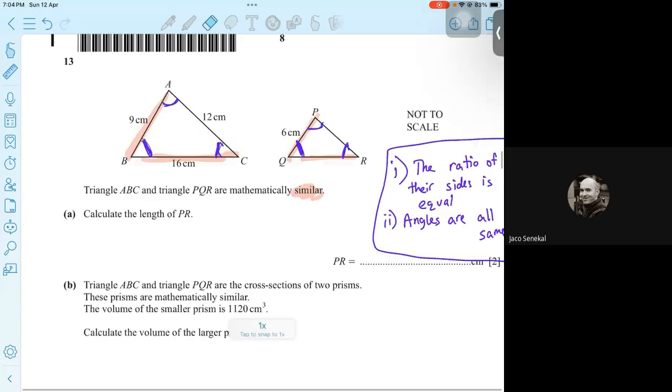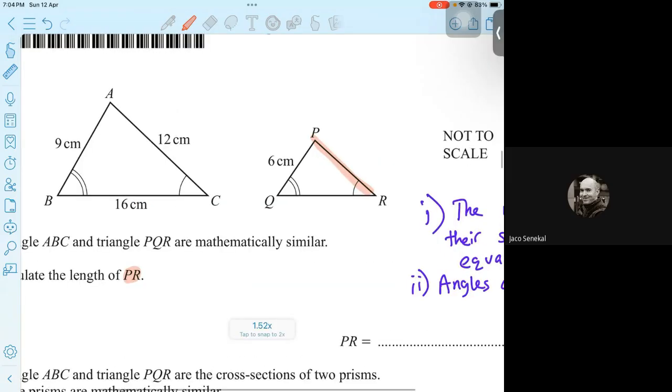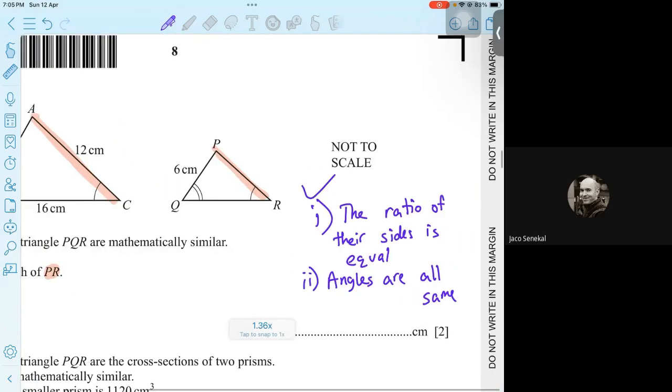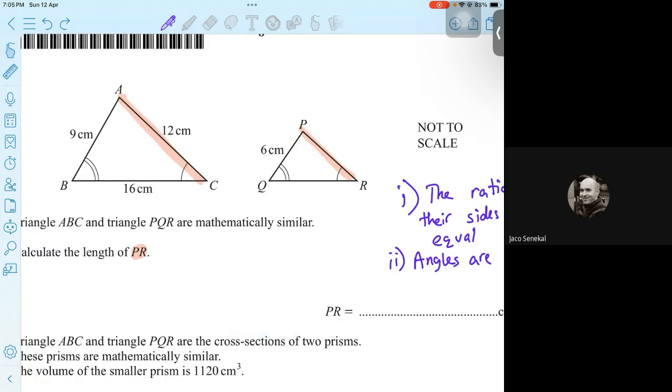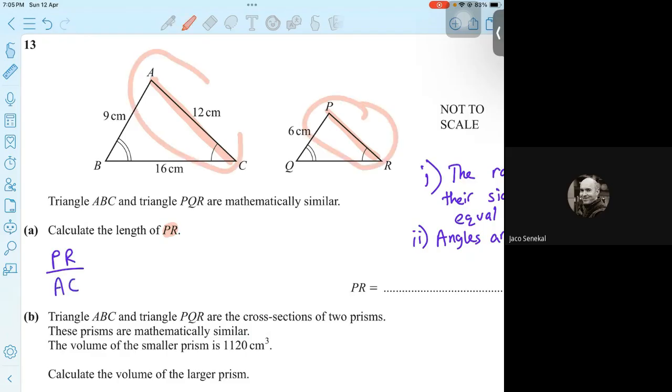Okay, let's move on. Calculate the length of PR. So PR is this side and the equivalent in the largest triangle is this one, right? I've just mentioned that the ratio of their sides is equal. That means if I compare my PR over AC, this side with this side, the ratio that I get should be the same as any other two sides that I know of.